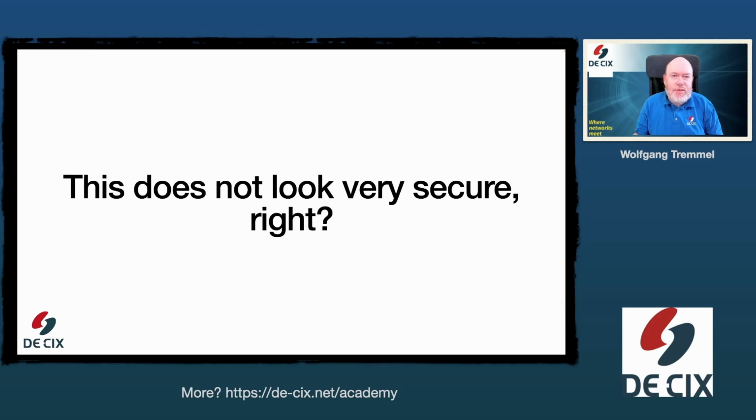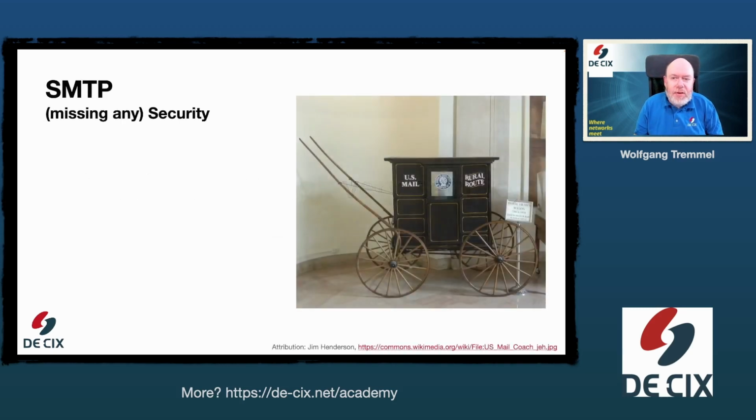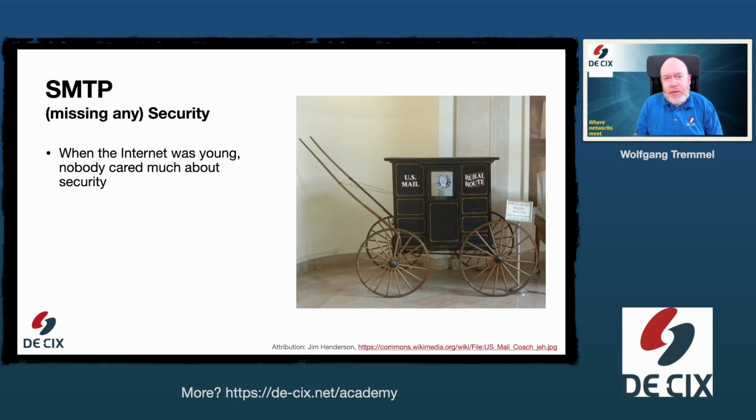this doesn't look very secure, or does it? No, it's not. SMTP in its original form misses any kind of security. At the beginning, when SMTP was defined, nobody cared about security. Connected to the internet were a couple of government agencies and a lot of universities, and they were all friends with each other.